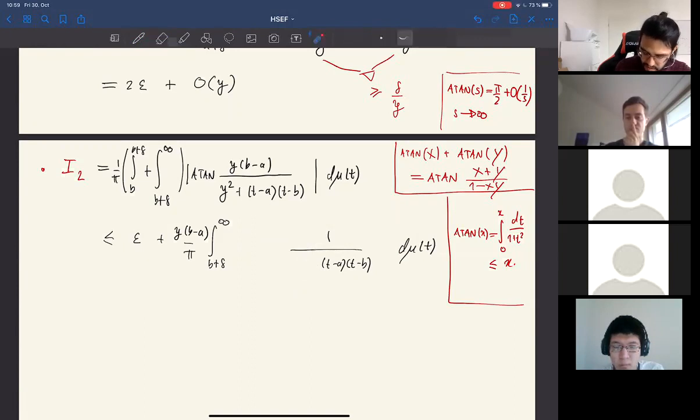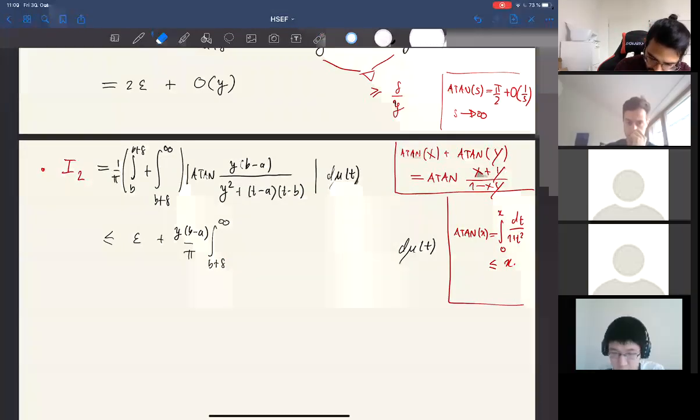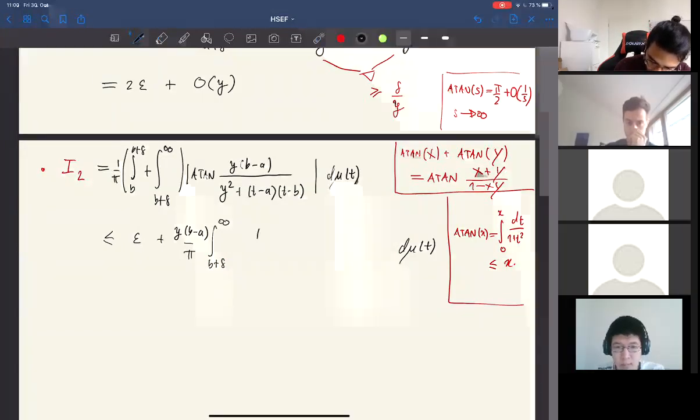And I don't have any problems in the integral because I'm far away from b, and b is greater than a, so this is a converging integral. So writing everything nicely, this would be just the integral of 1 over t minus a, and then t minus b, dmu of t. That's what we have, which is again just O of y.